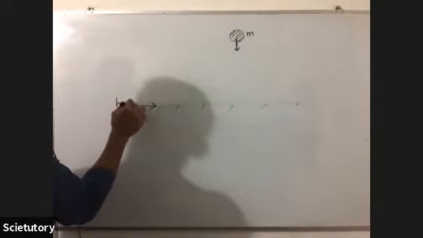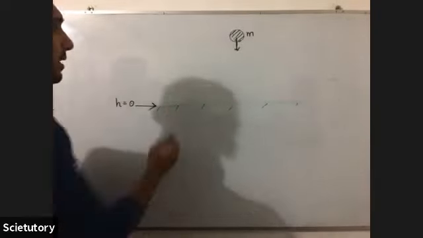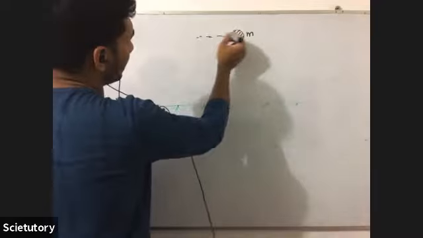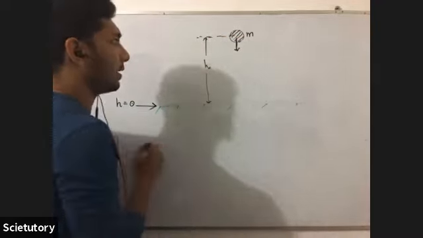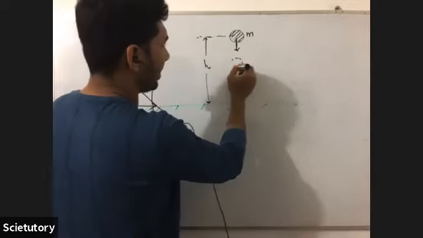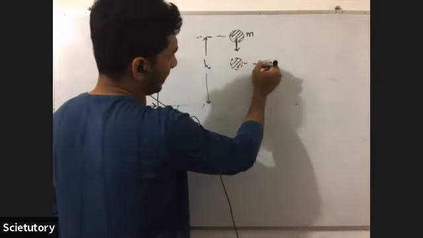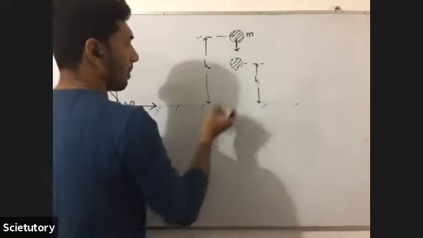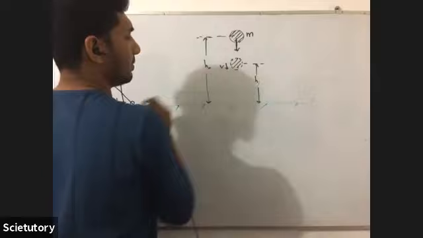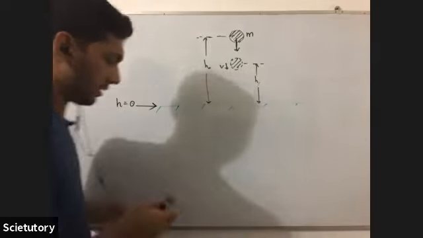So h measured from here is 0. So it falls from a height of h0 now. So this I am just labeling. And randomly, if we take a height like h, just h, it will have a velocity here and kinetic energy here. Okay.